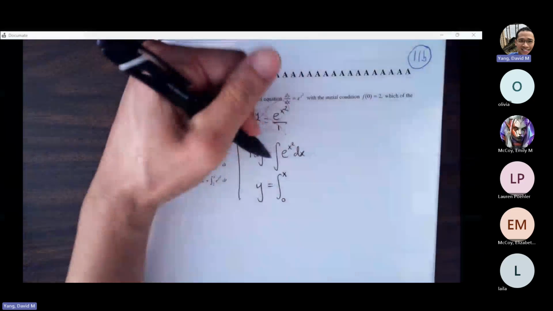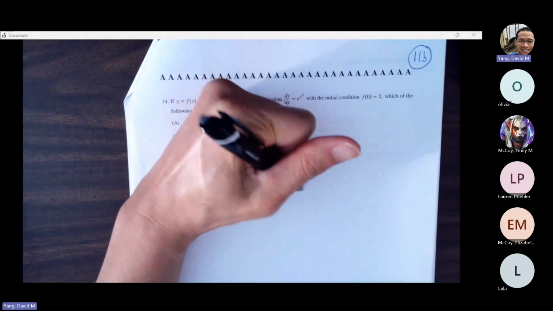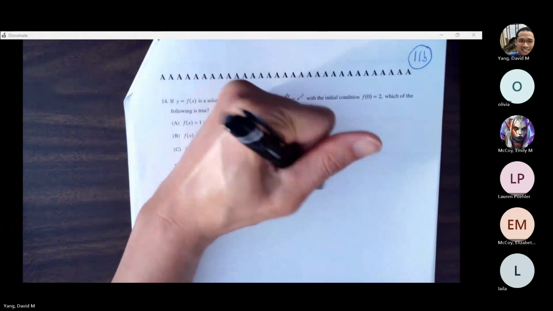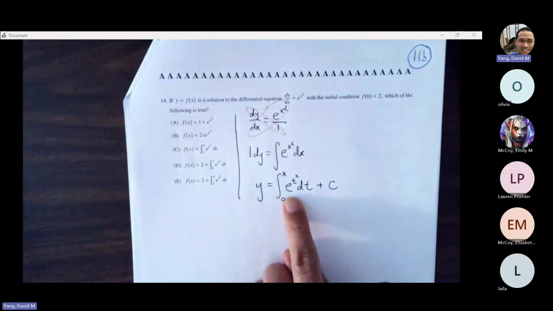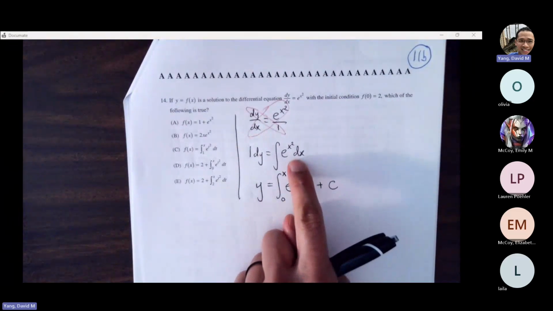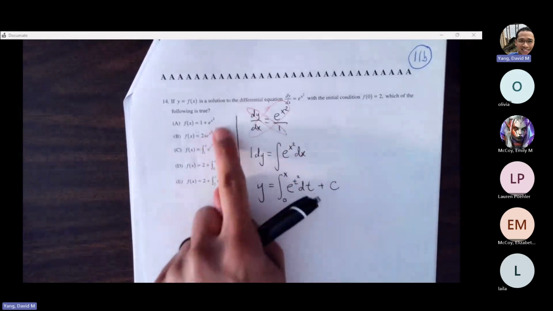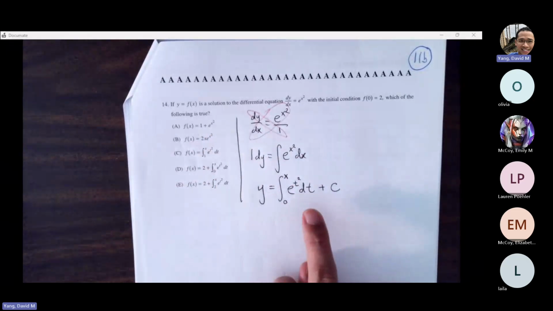So they are leaving this in terms of t here. I know it seems a little bit strange, but we understand that the integral of this will produce the same thing, because we just aren't able to go any further, and the answer choice doesn't go as far as that.